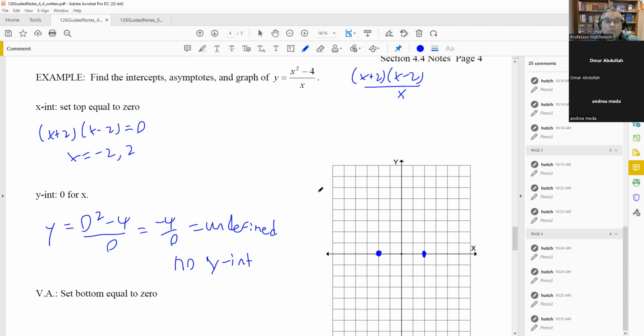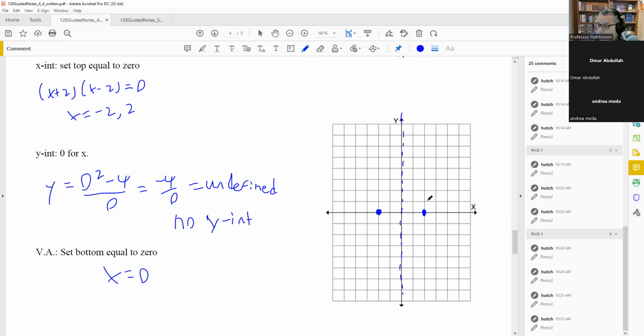The reason there's no y-intercept here is that for the vertical asymptote, you set the bottom equal to 0. We actually have a vertical asymptote running through the y-axis itself, so the graph cannot cross it.